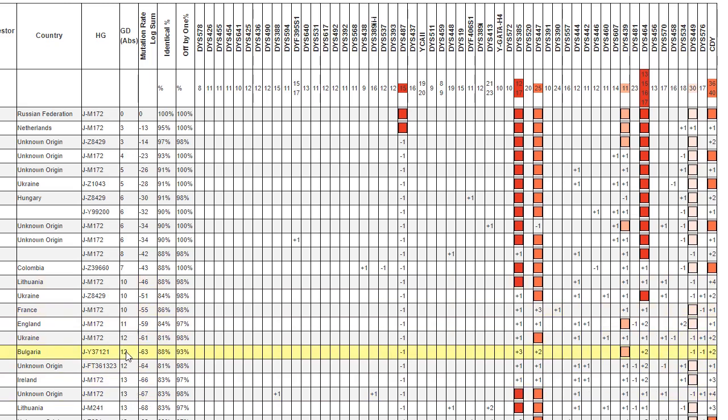There's other guys that are slightly closer by genetic distance. This guy from Bulgaria, but from his haplogroup, I know he's not actually closely related to these guys. This is a different lineage of JL283 that is not Z1043. Just by chance, his STRs happen to be somewhat close to what these guys have, relatively speaking.